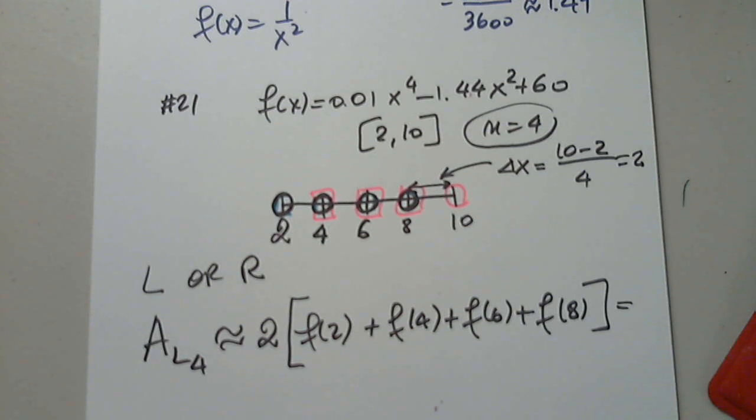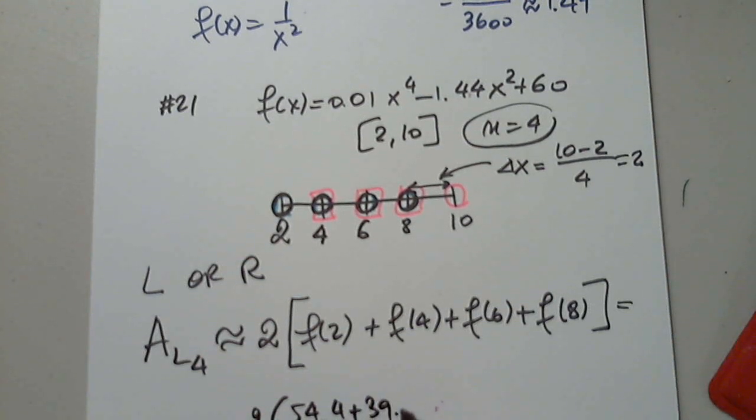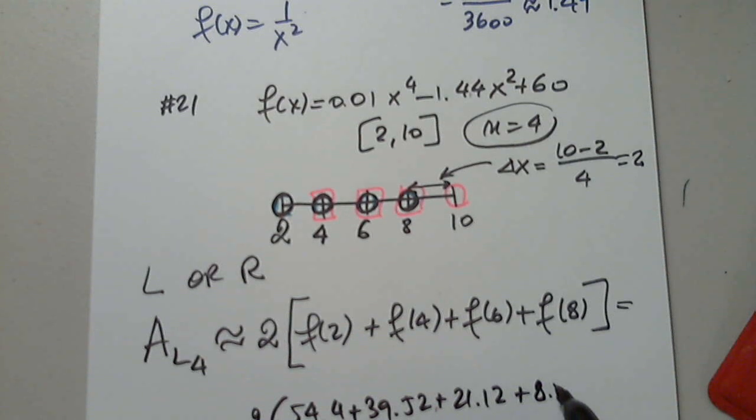And I want to plug in 2, 4, 6, 8. So 2 in front, and then 54.4 plus 39.52 plus 21.12 plus 8.8. Done.